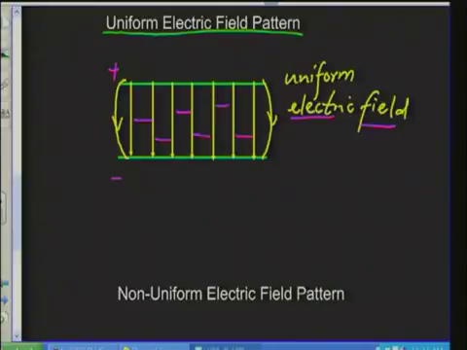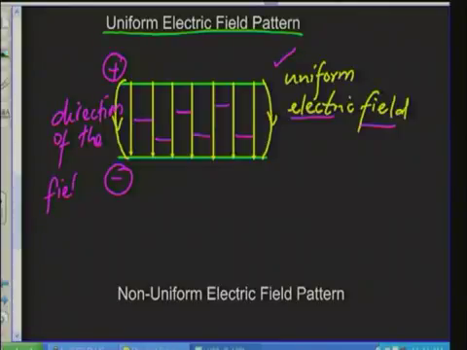Now, the other thing that you need to do, that in an exam is going to get you a mark. The next thing I need to make sure of is that if this is my positive and this is my negative, the direction of the field is from positive to negative.